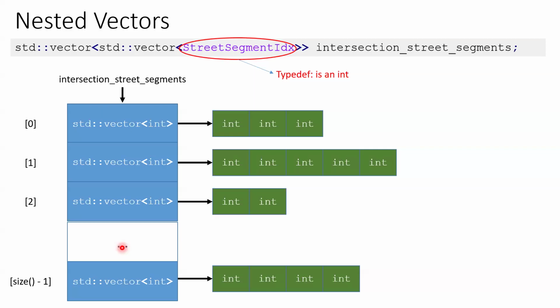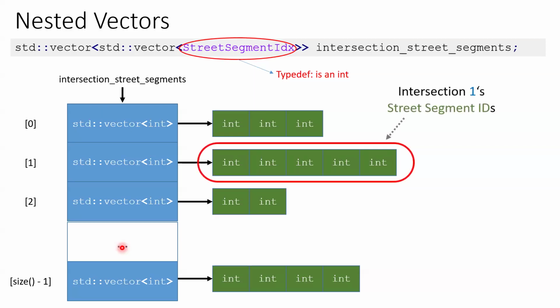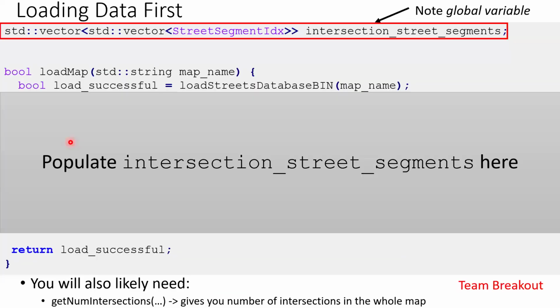So if you need to access, for example, intersection 1's street segment IDs, you just return intersection street segments 1. And this will return the entire vector here. Is that okay?